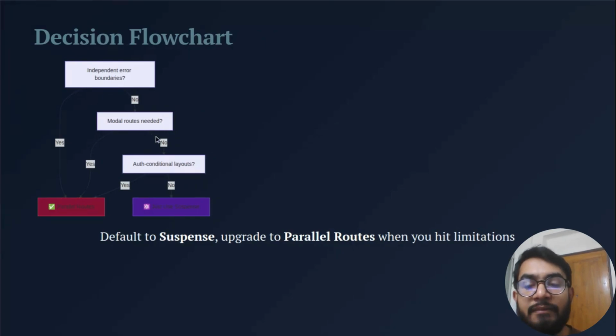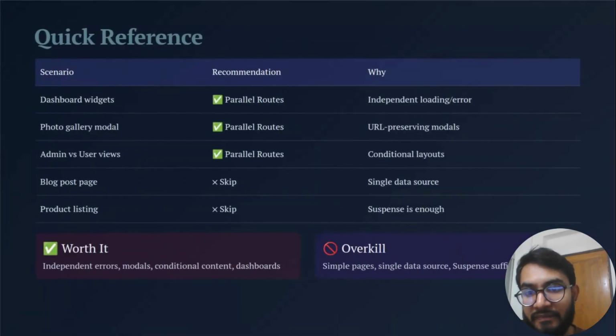Or if you need modal routes, then you should go for parallel routes. If no, then for auth conditional layouts, if yes, you need parallel routes. And if no, then just use Suspense. By default, you should stick with Suspense, but upgrade to parallel routes when you hit its limitations.